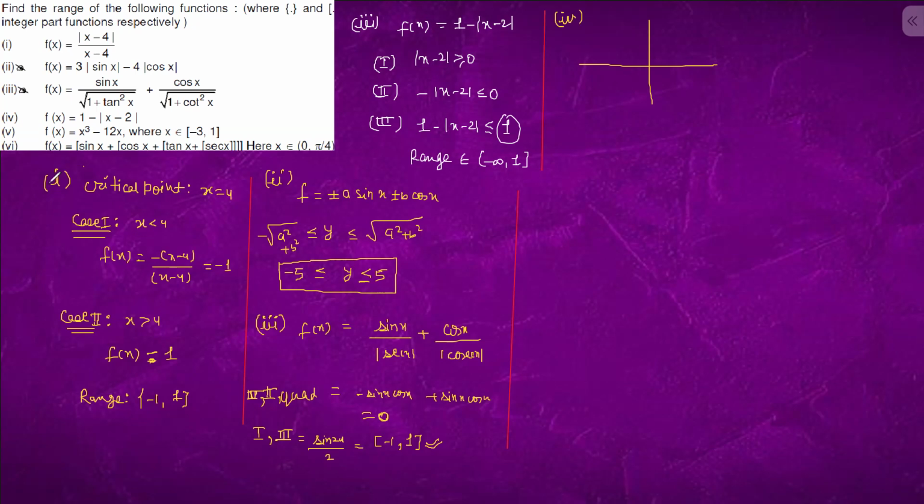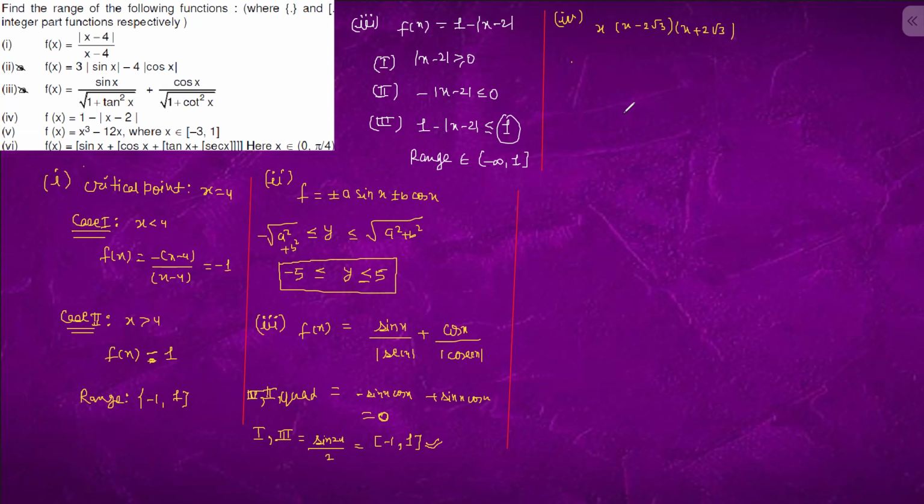Yes, we will have to draw the graph. Or we have second approach. We have the factor x minus 2 root 3, x plus 2 root 3. So 2 root 3 is what? 3 point something, and minus 2 root 3 is minus 3 point something.